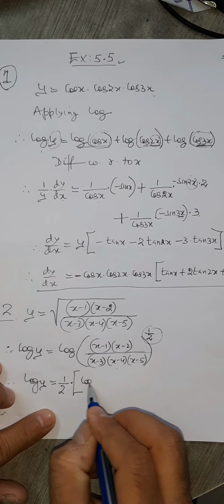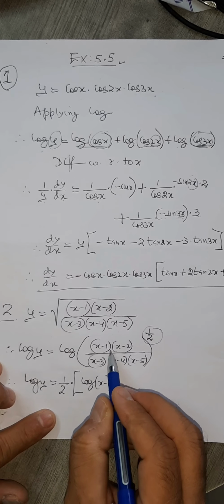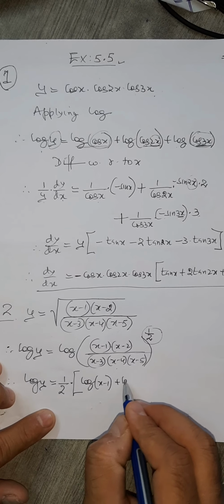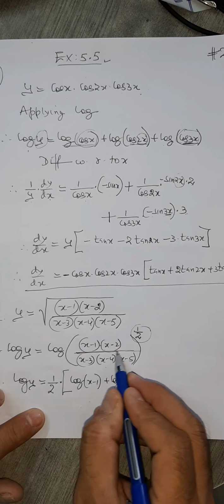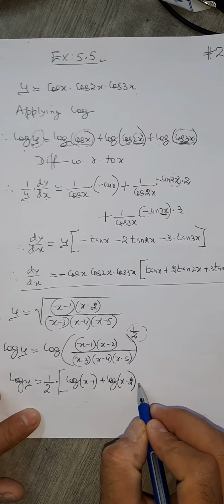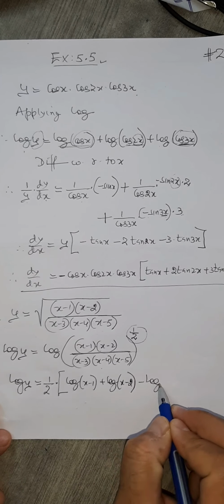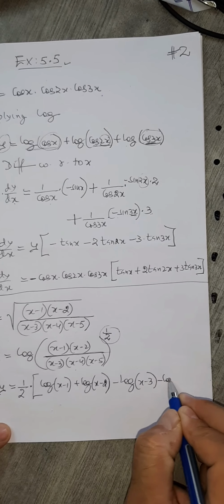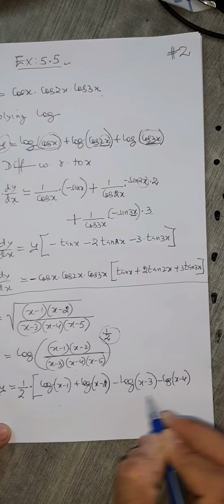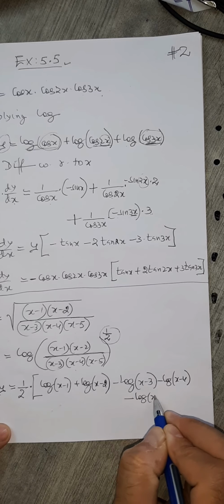So I'm writing here log of x minus 1, plus log of x minus 2. Now this division, so this will be subtraction, minus log of x minus 3 minus log of x minus 4 minus log of x minus 5.